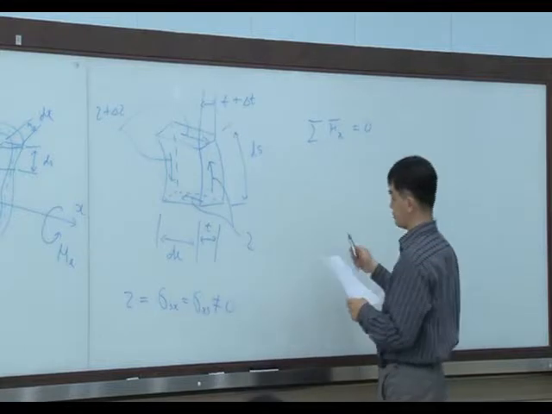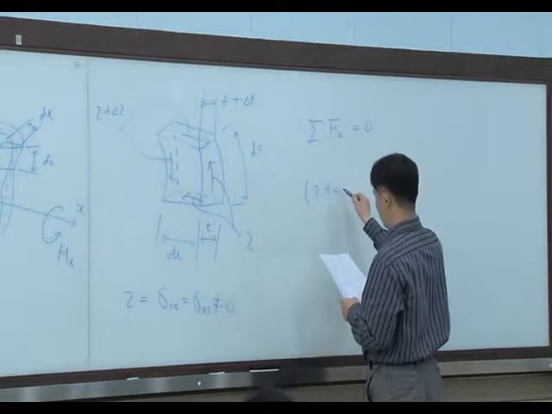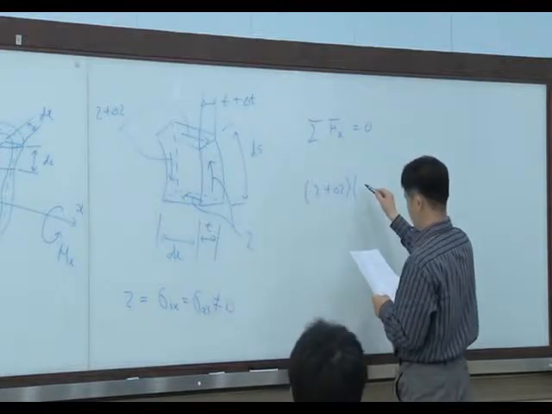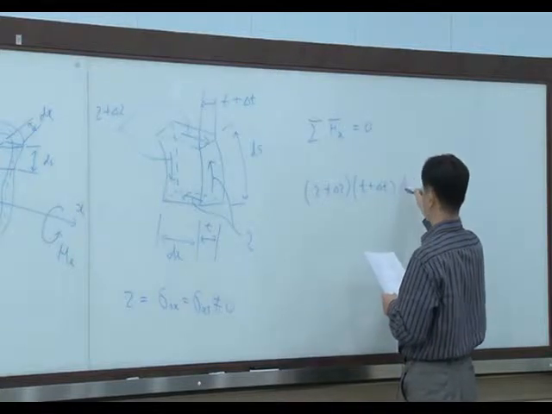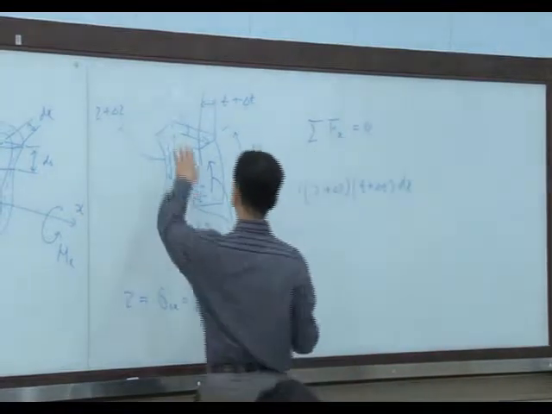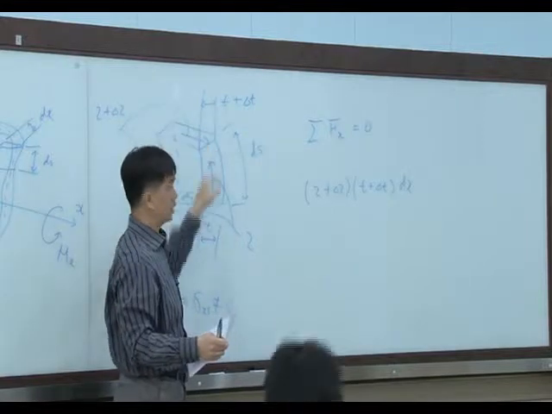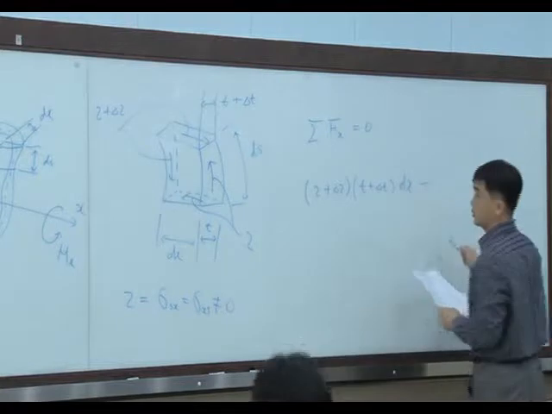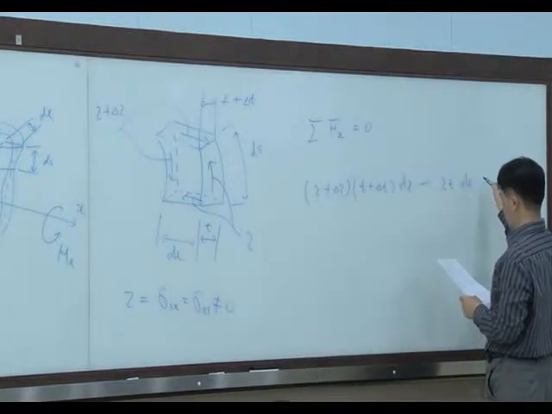Then tau plus delta tau times t plus delta t times dx is the force applied on the top surface, and minus tau t dx equals 0.